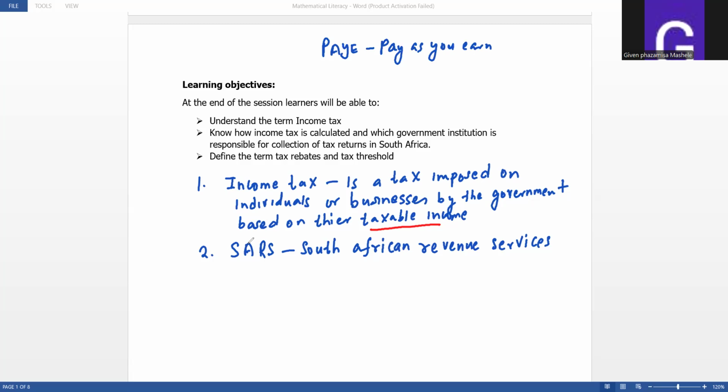Now, the question is, how do we actually calculate this income tax for individuals or for businesses? Before we are able to know how to calculate the income tax, let's talk about the terms tax rebates and tax threshold.